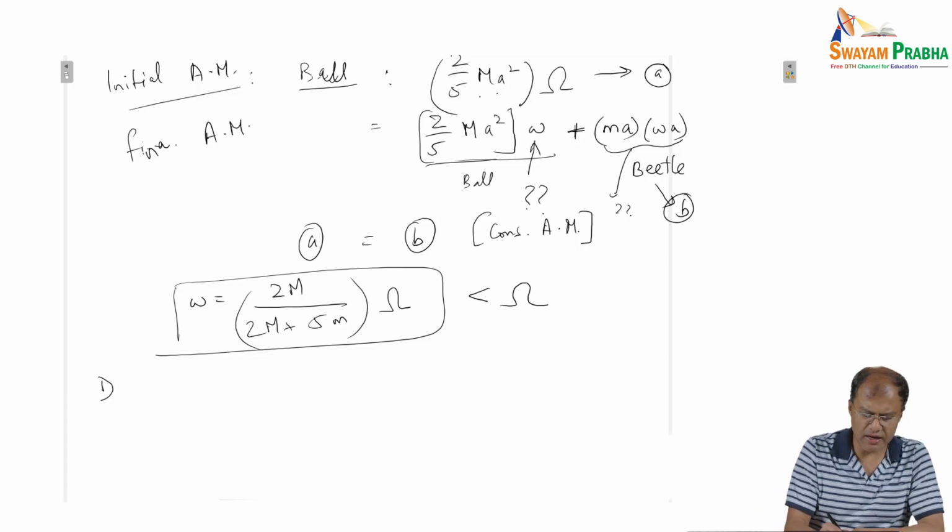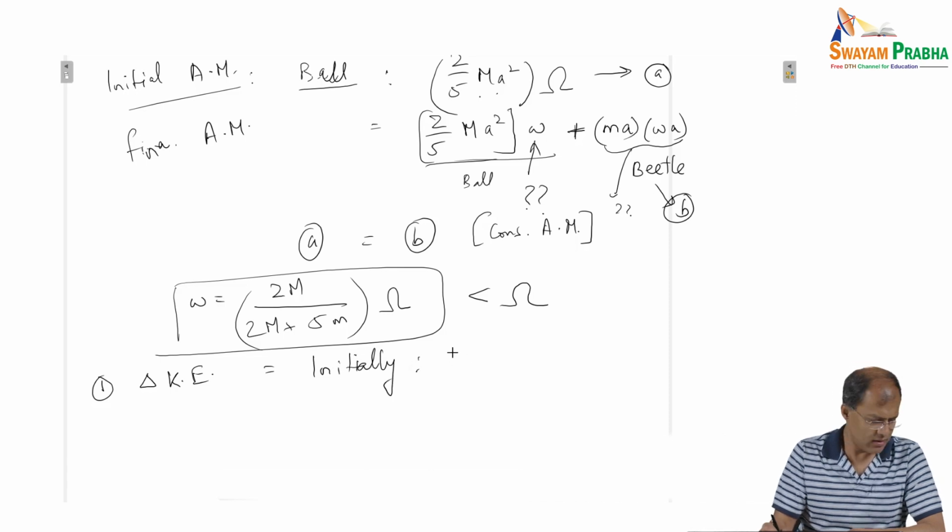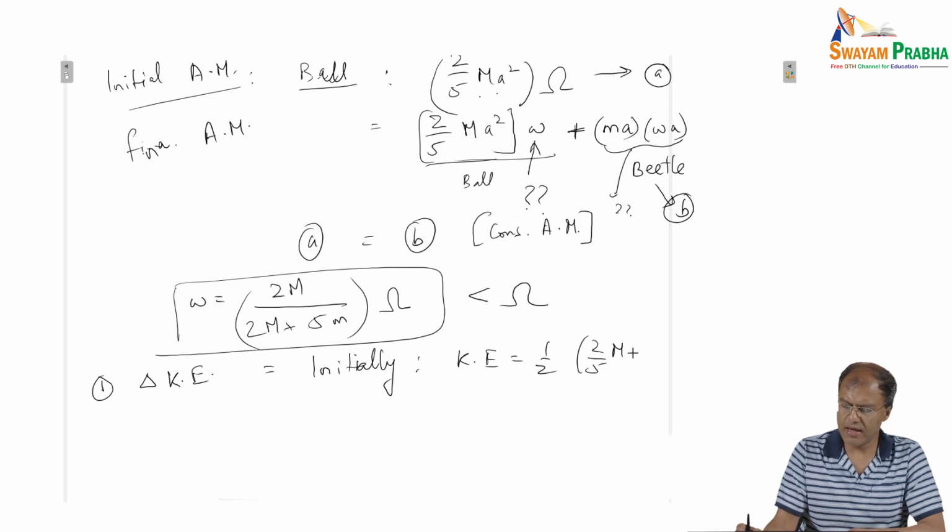And the second part is we have to find the change in the kinetic energy. So all we have to do is consider the rotational kinetic energy. Initially the kinetic energy was half times 2 by 5 m a square times omega square.